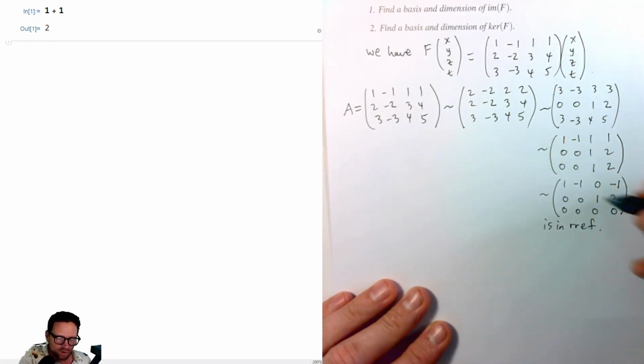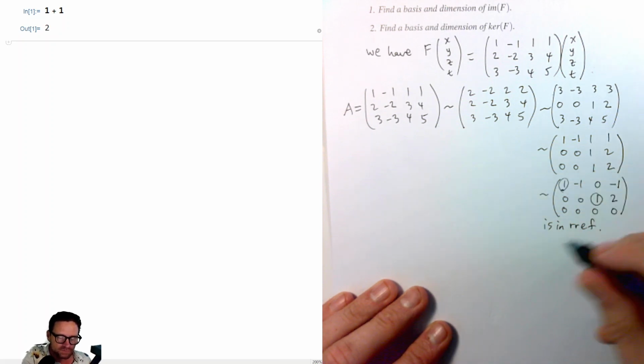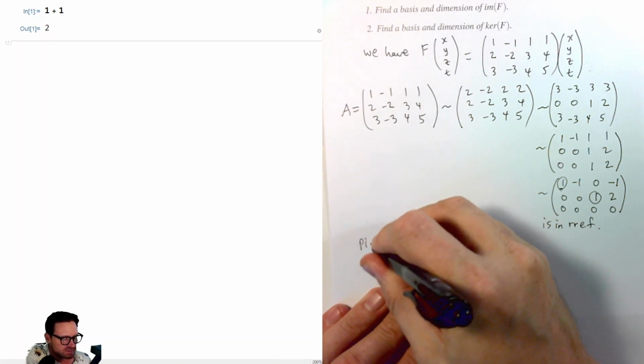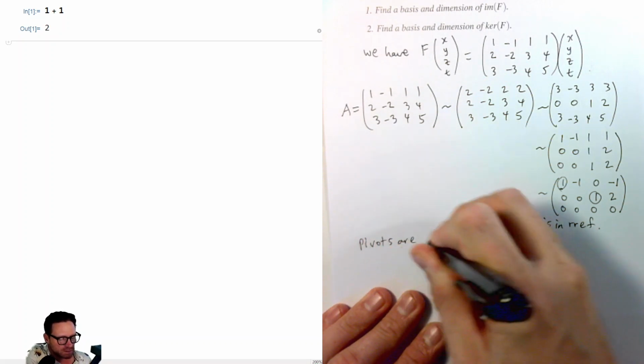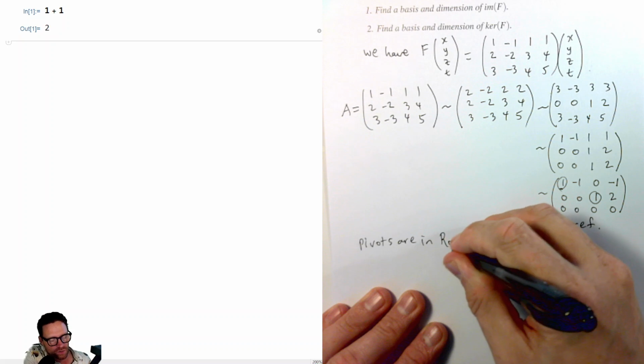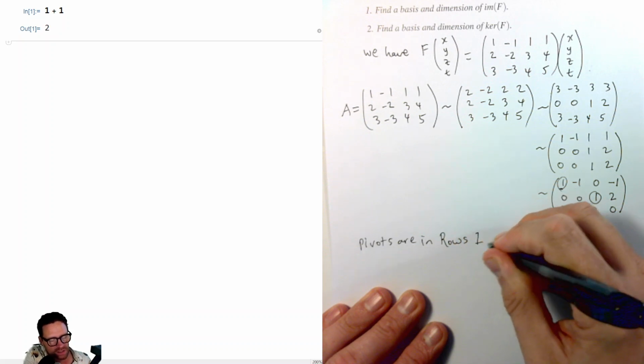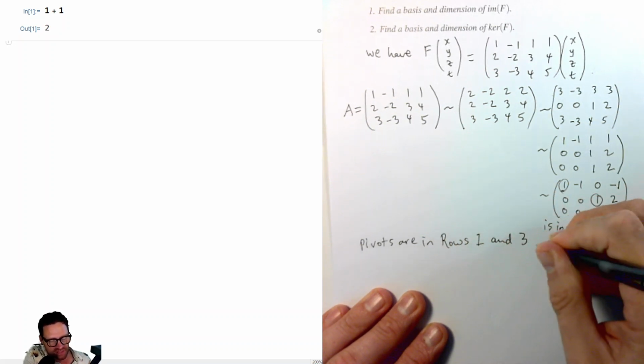Okay, let's identify where our pivots are. Here and here. So the pivots are in columns 1 and 3.